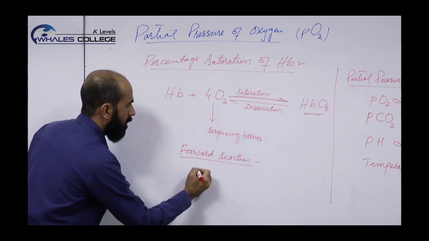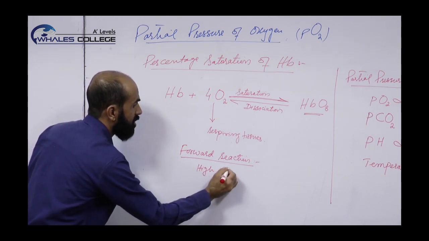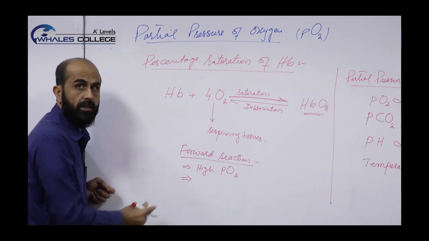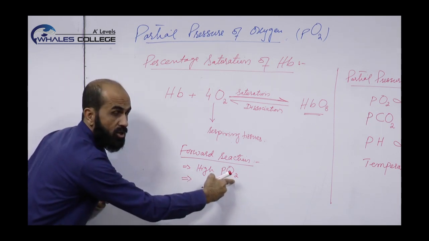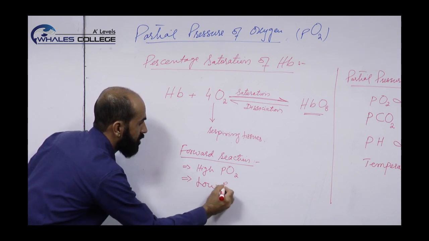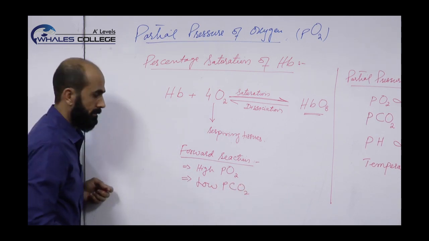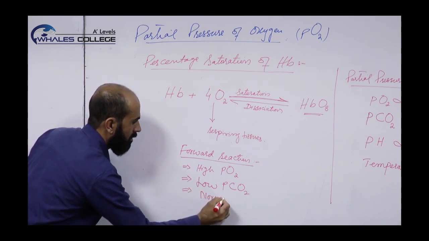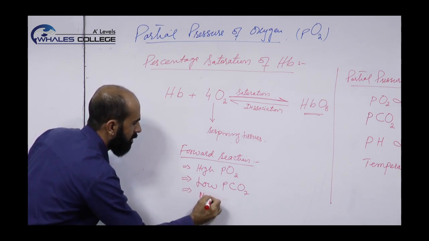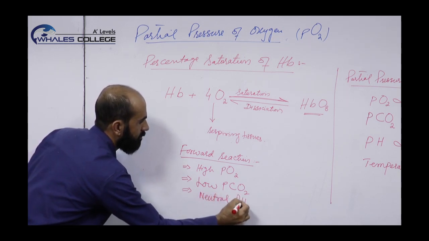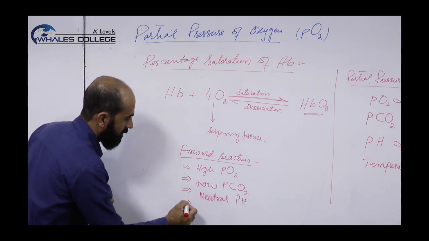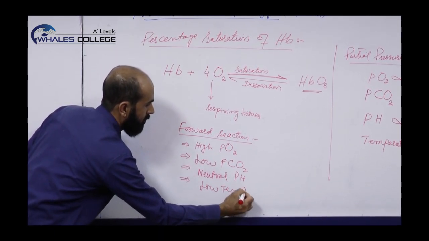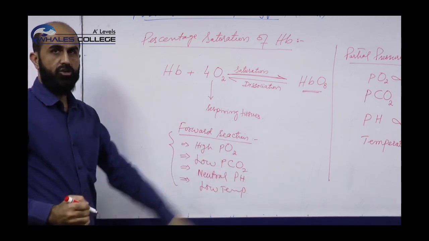There should be high partial pressure of oxygen. Clear? High partial pressure of oxygen, low partial pressure of carbon dioxide, normal, I mean neutral, pH, and finally, low temperature. These 4 will promote the forward reaction.